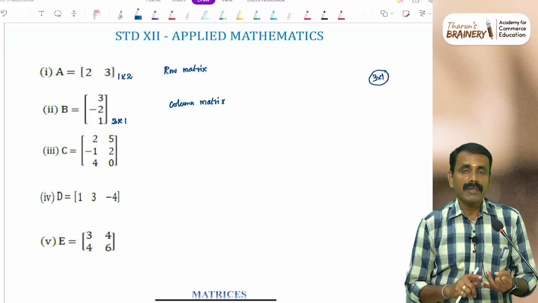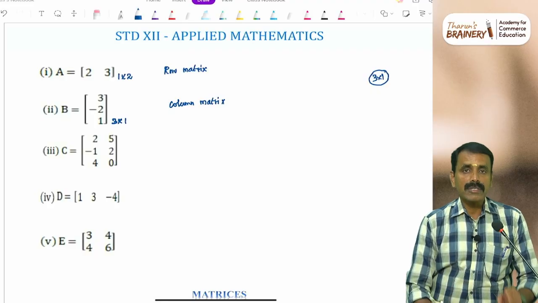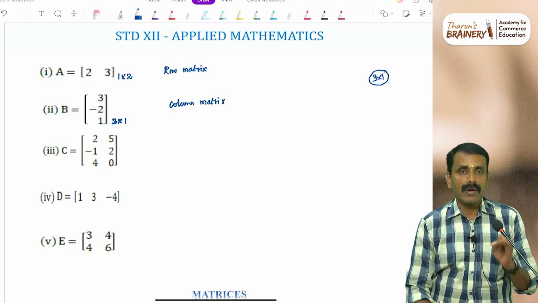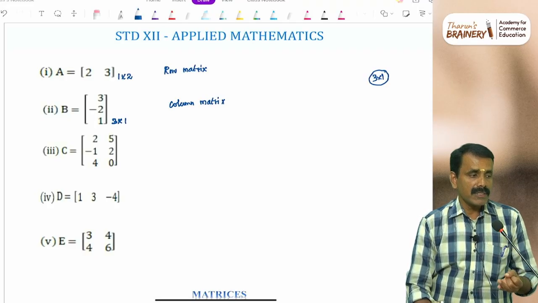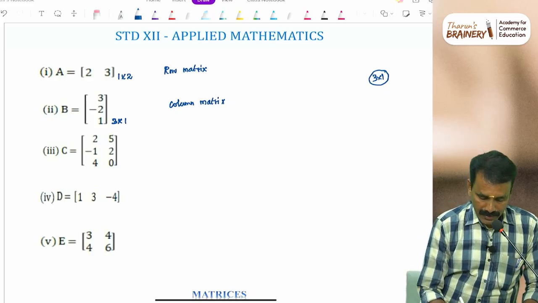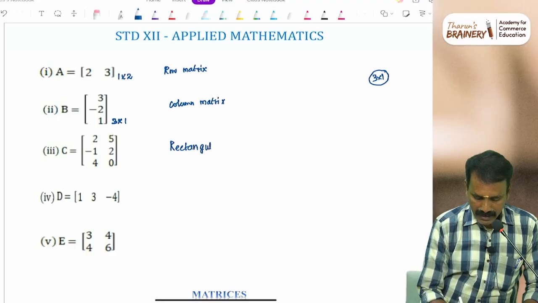So, it is not going to be a row matrix, it is not going to be a column matrix. The number of rows is not equal to the number of columns. So, it is going to be a rectangular matrix because the number of rows is not equal to the number of columns.